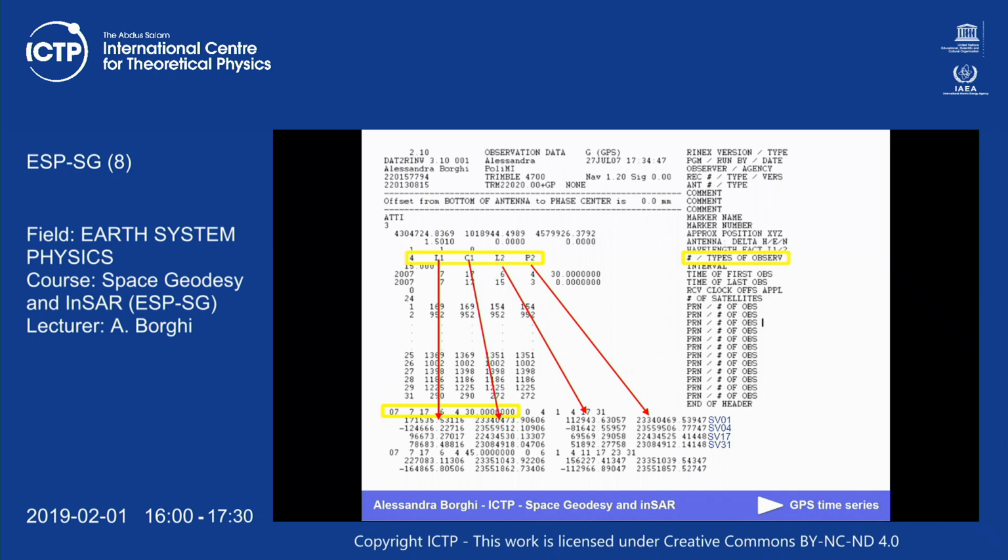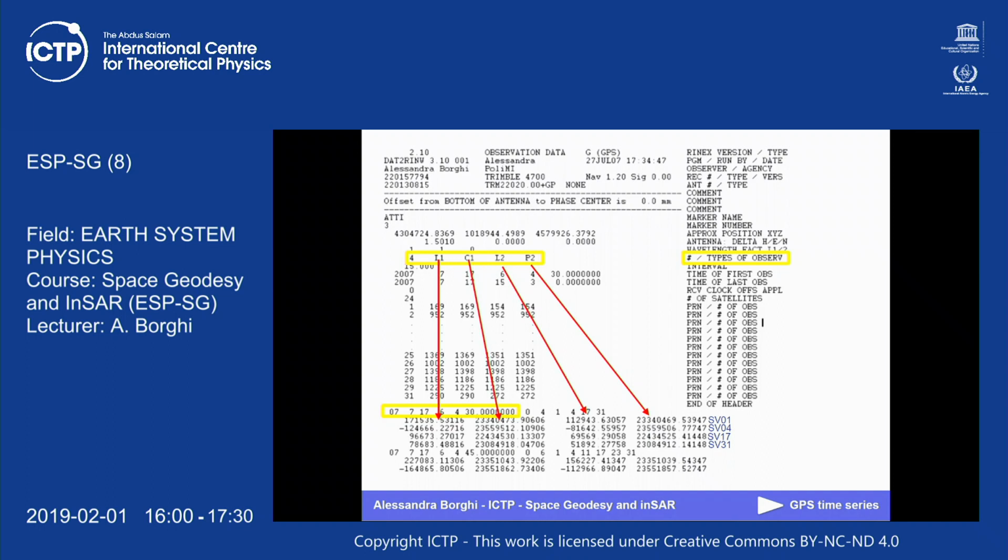You can put the antenna height. You have the approximate coordinates. I told you, when you collect data, the receiver writes in the file the approximate coordinates of the point, so when you process your data you already have approximate values for the coordinates.